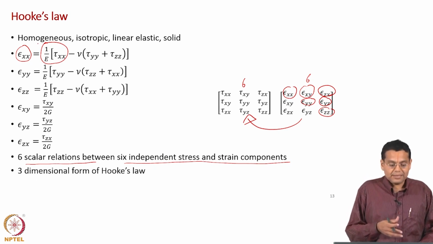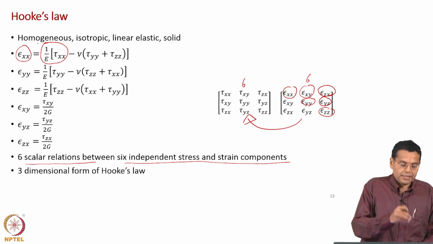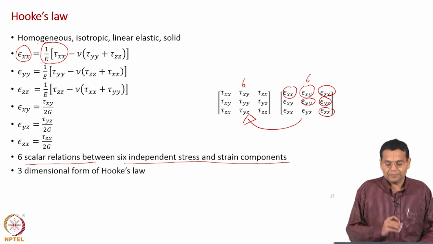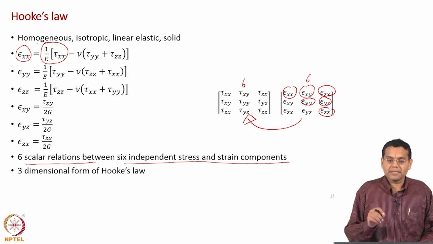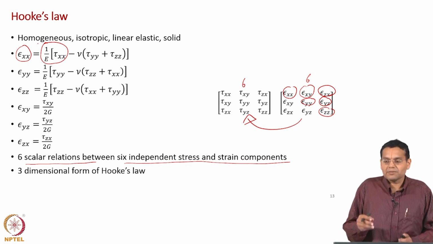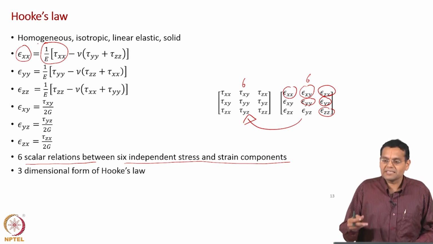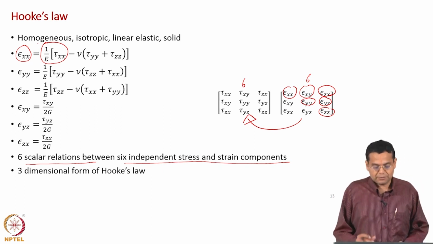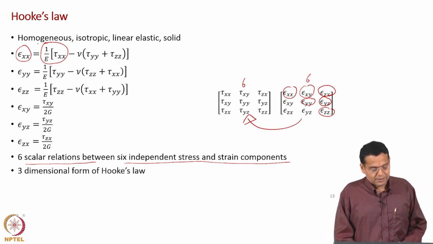The reason is we are writing expressions for components of the strain tensor in terms of components of the stress tensor. But the original experimentation is between tau xy and gamma xy, because from experiment we measure straight away the change in angle. That is why the x axis there is gamma xy, but we need the relationship for epsilon xy. That has to be kept in mind.